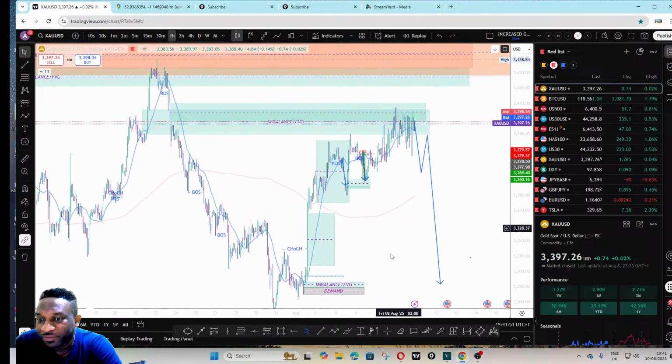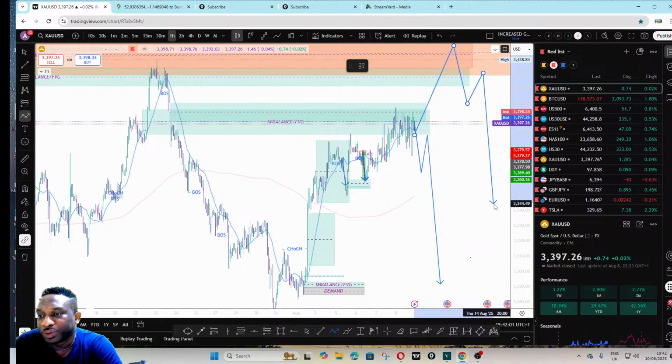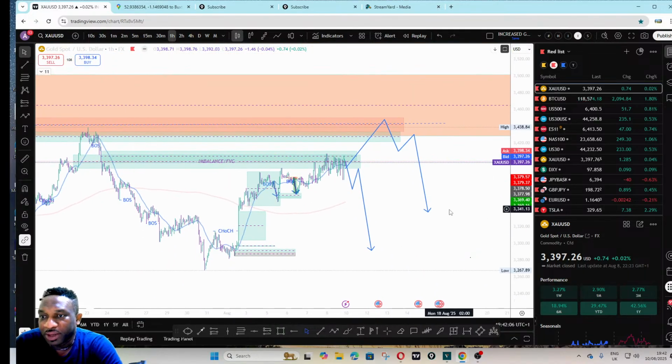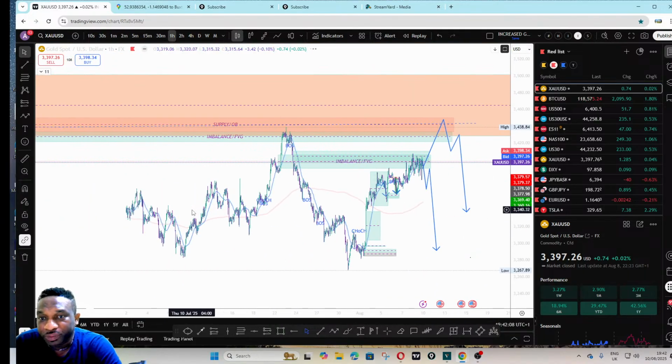If it's going to go down from this point, price might clear the liquidity above here before coming down to do the sales. So this is the kind of thing we are expecting.